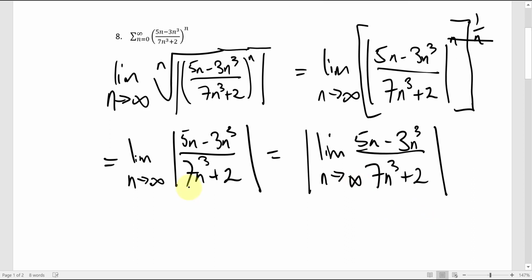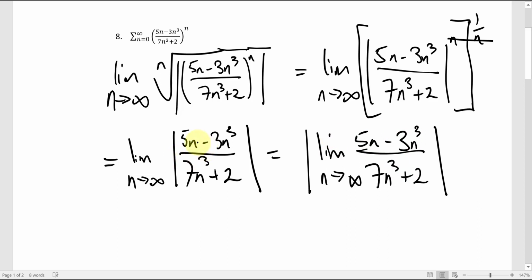Because of the continuity of the absolute value, the limit goes inside. You could take the limit of what's inside and then take the absolute value of that. If you have a continuous function, the limit will go inside of that continuous function. Actually, maybe I would say that absolute value is continuous at negative 3 over 7, and so it's continuous everywhere.